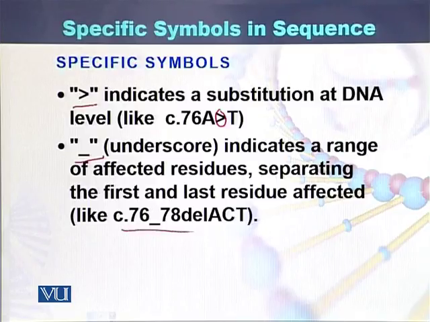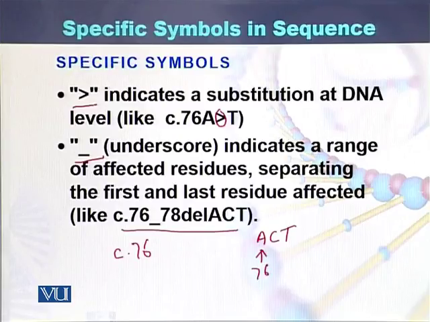In this diagram, if there is deletion of 3 nucleotides A, C and T, it will be mentioned as c.76, the first nucleotide, that is actually A, this is 76 and this is 78. So it will be written as c.76_78.